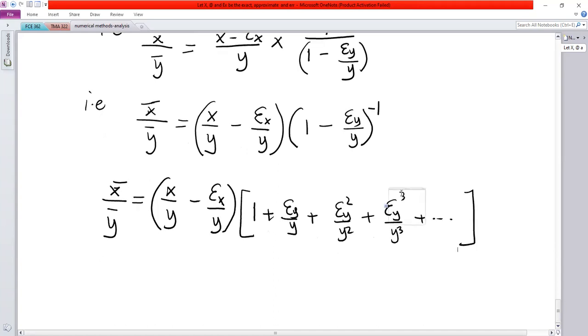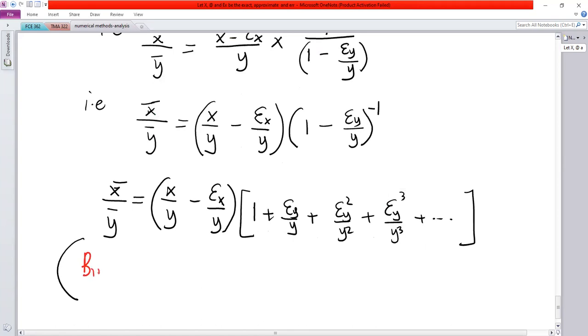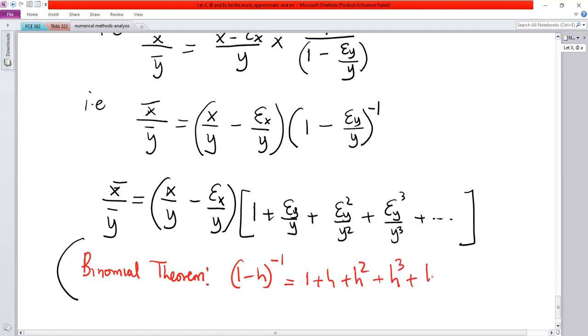So remember, we are using the binomial theorem, which says that 1 minus h raised to power -1 gives 1 plus h plus h squared plus h cubed plus h power 4 plus many other terms, provided the magnitude of h is less than 1.